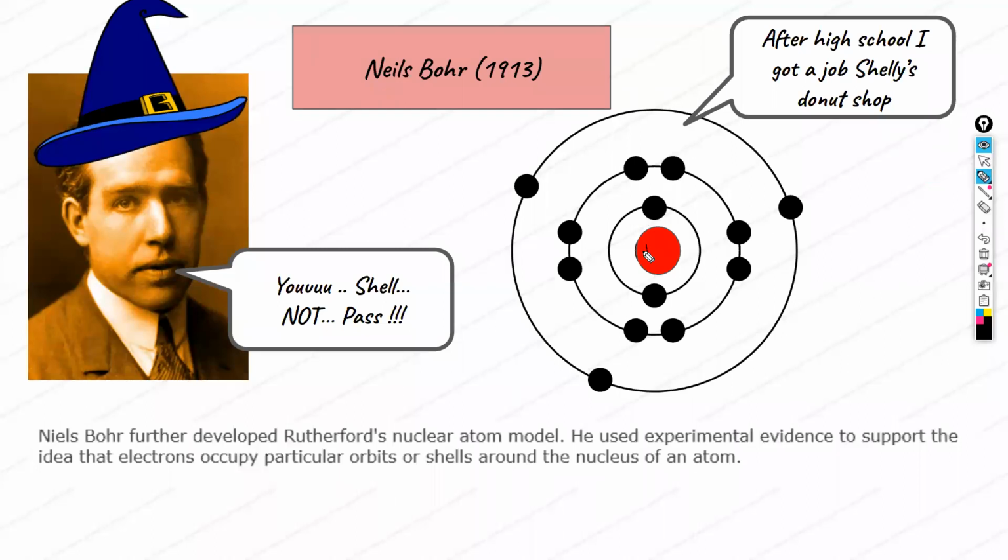He knew that the center was positive, and he figured out that the electrons were revolving around the center in orbits, also known as shells. Okay? So everyone take down the note. I'll give you 2 minutes again, and we're going to move on.